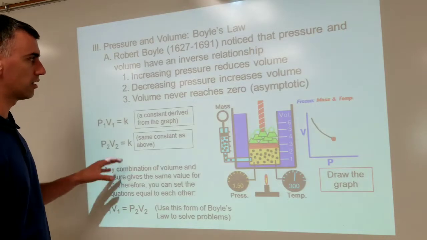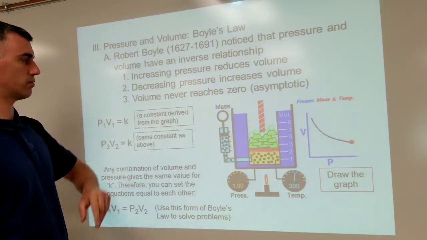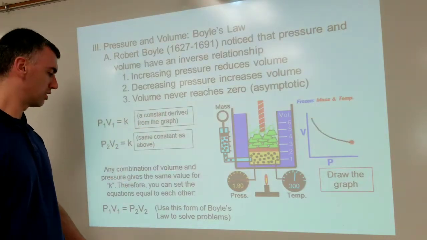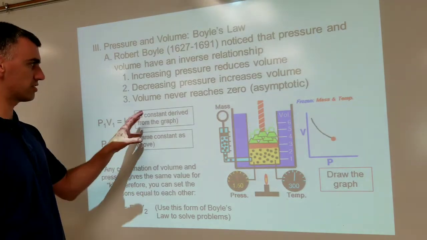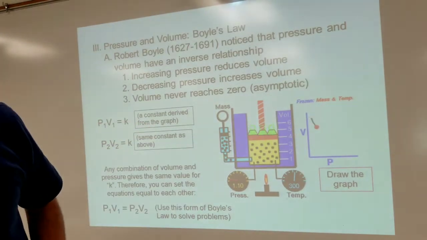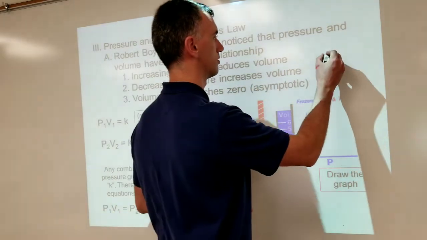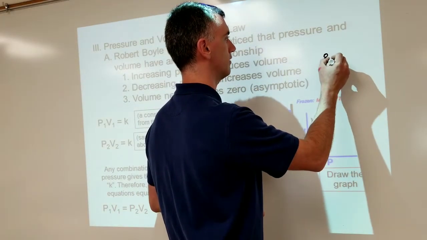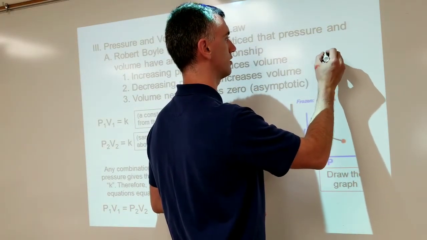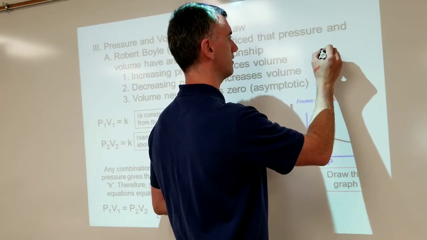And by the way, a little side note, why does the volume never reach 0? Well, first of all, we have to consider that gases are particles. And if you squeeze enough particles together, they can't get any closer because they're finally physically touching.